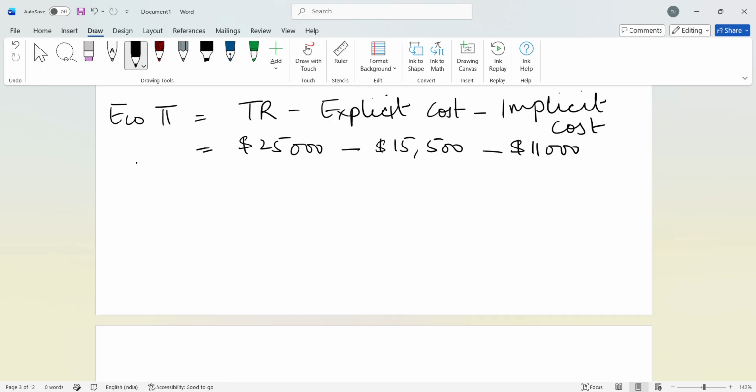Now this gives me a negative $1,500. So economically, it's not viable for her to continue the business because the economic profit is a negative number. I just wanted to show you that you could have a negative economic profit in spite of having a positive accounting profit.